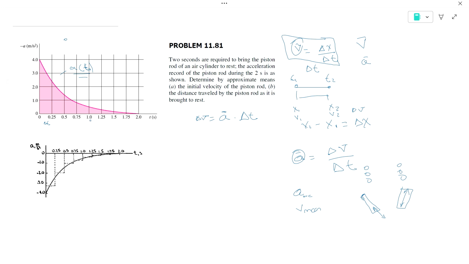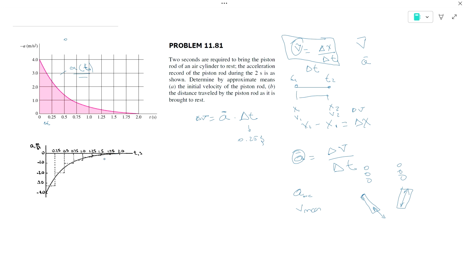In this particular case, the step is always the same, but you can have different steps, so be careful what they give you. The step is going to be 250 milliseconds, or in seconds, 0.25 seconds. Okay, that's good. All right, so let's build this table so that we can understand how to do the average acceleration approach.